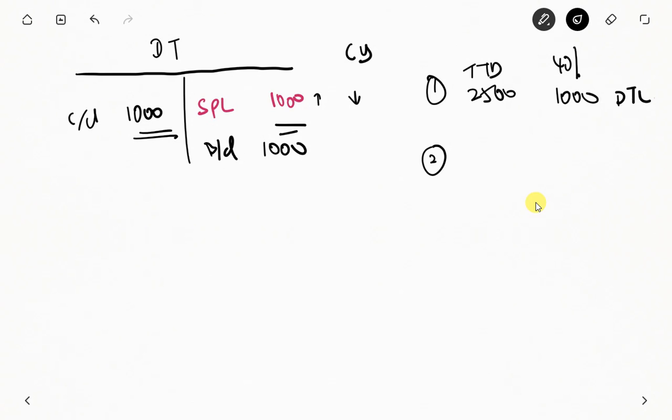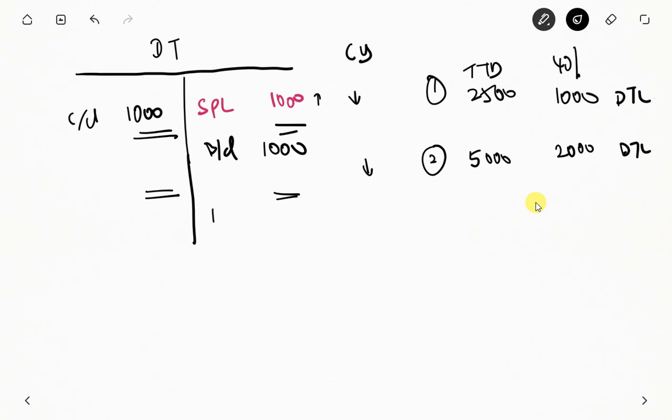Okay, now second year, the temporary difference now is 5,000, and the deferred tax liability is 2,000. Current year, again I claim extra 2,500. So I pay current year lower tax, but my deferred tax will come in and balance it off.